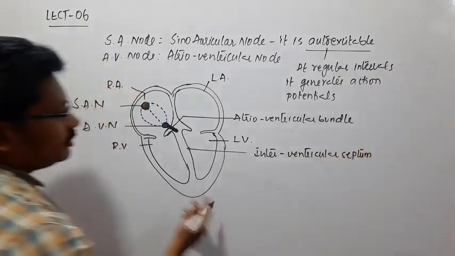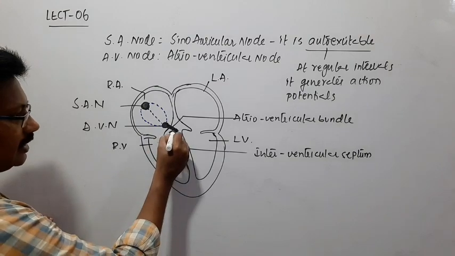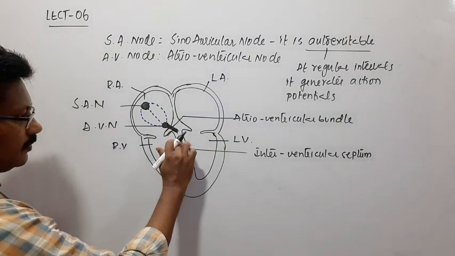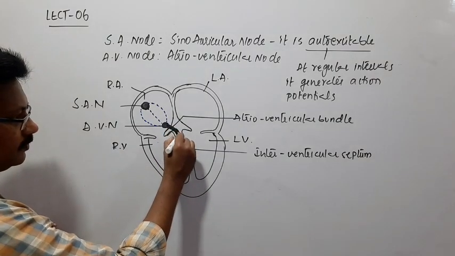On top of this interventricular septum, the atrioventricular bundle starts dividing into two branches.